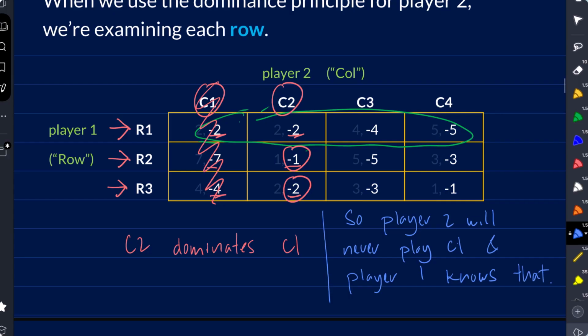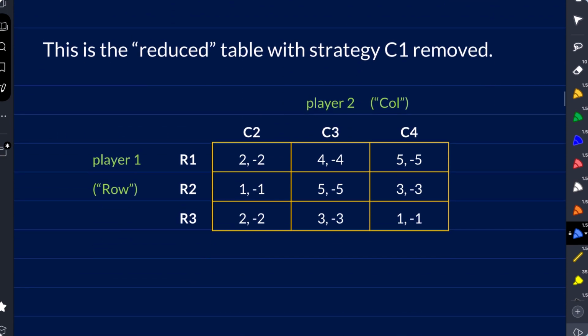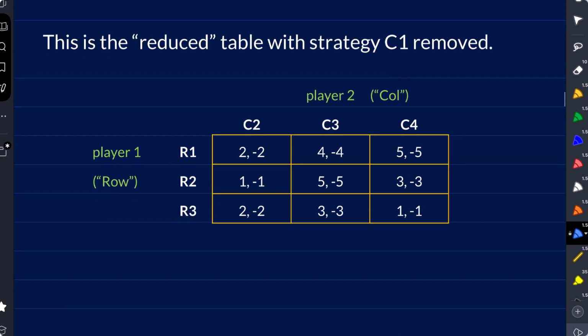Player 2 will never play C1, and importantly, player 1 knows that. None of this information is hidden, so in effect, this is the game that we are dealing with. Everything's the same except strategy C1 has been removed.